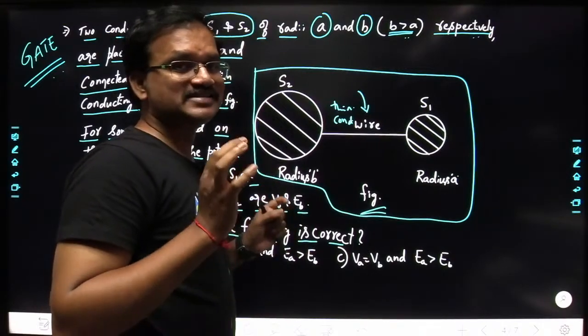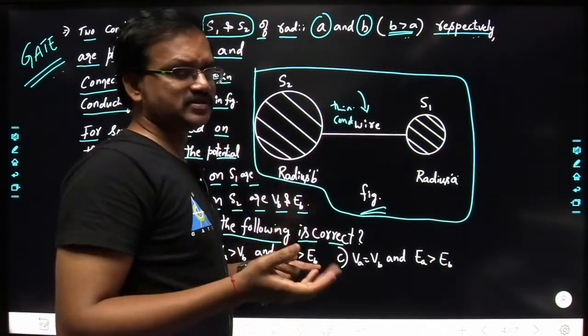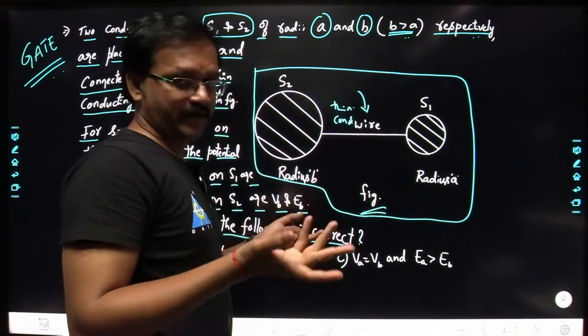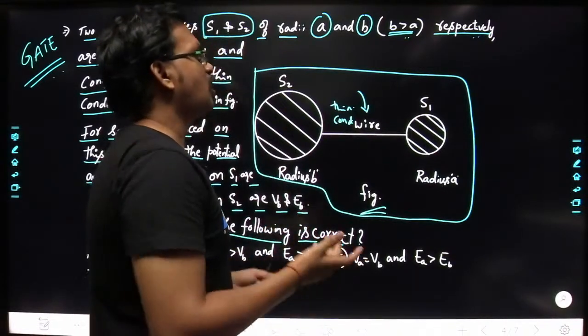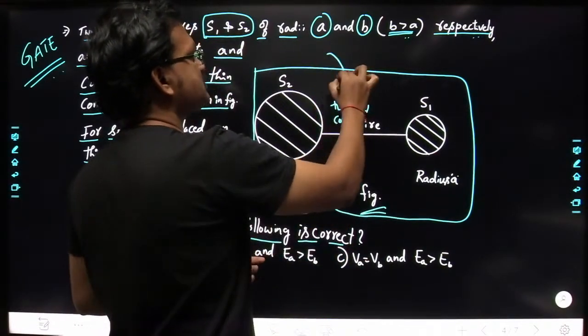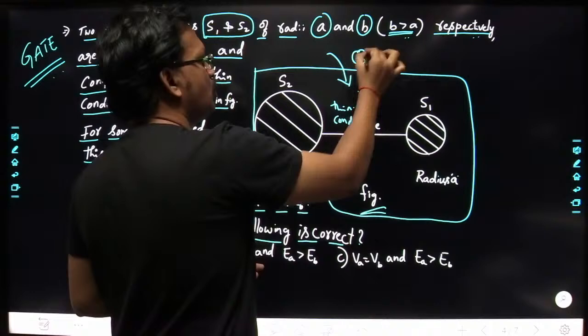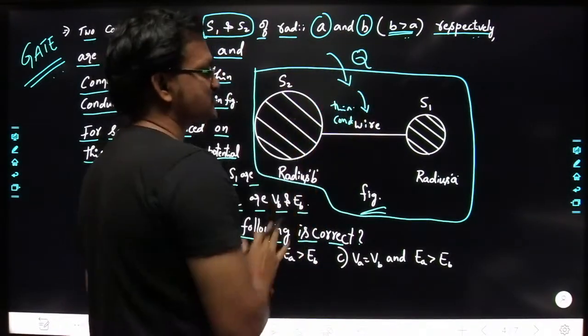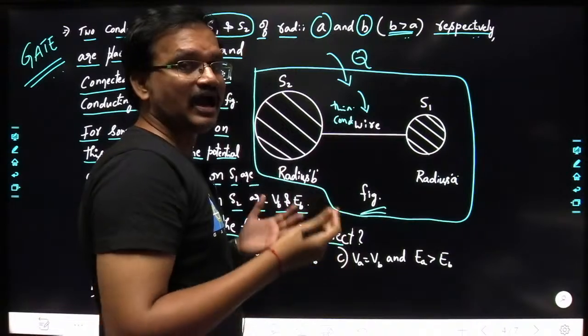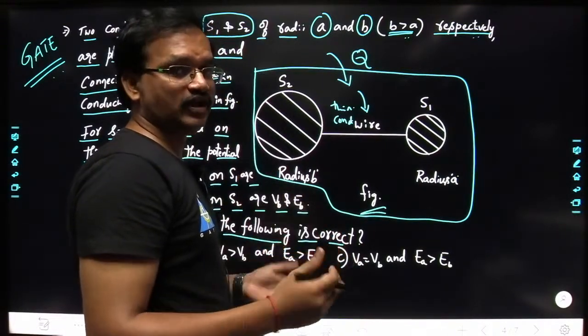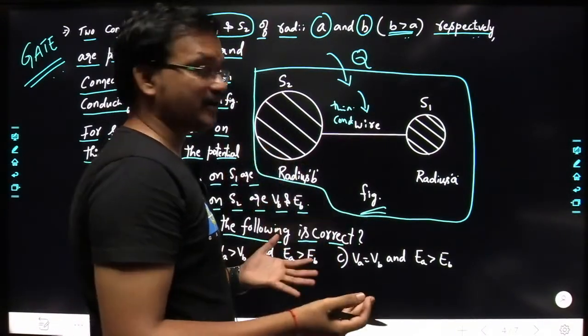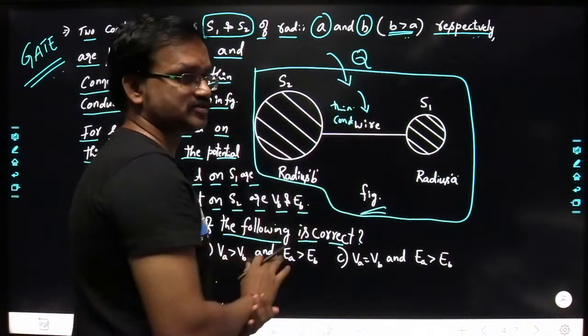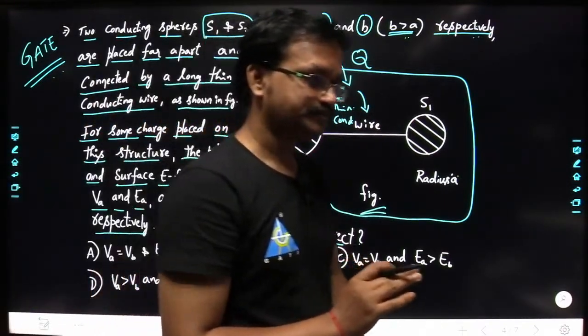Now they are supplying some charge, let us say Q, to this structure. Once they supply charge Q, how are the electric field and potentials related on the surface of the two spheres? That's what they are asking.